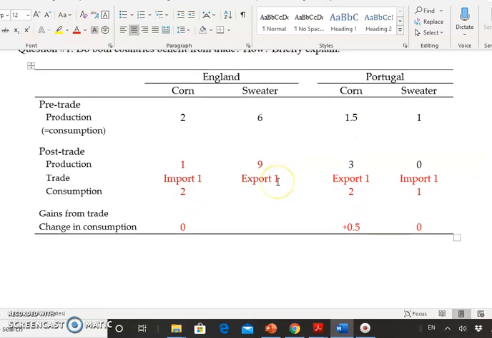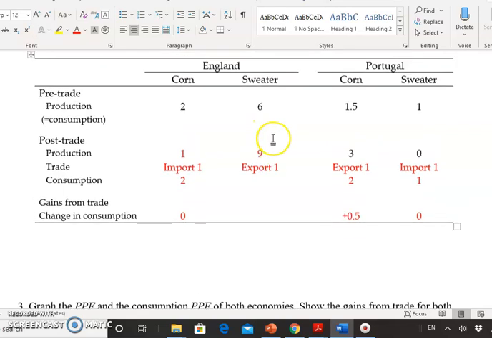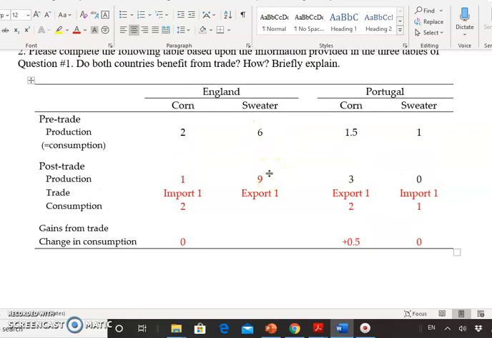Now come back here. England produces 9 sweaters, but it exports 1 to Portugal. So what's left for English people to consume would be 8 sweaters. Without trade, they have 6 sweaters. With trade, they have 8 sweaters. So their sweater consumption increases by 2.